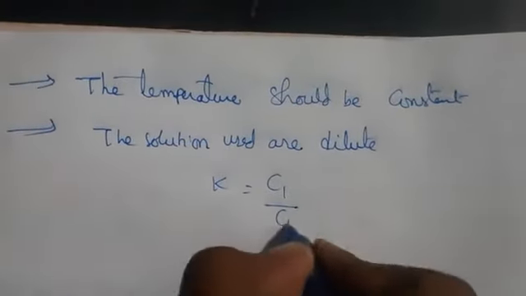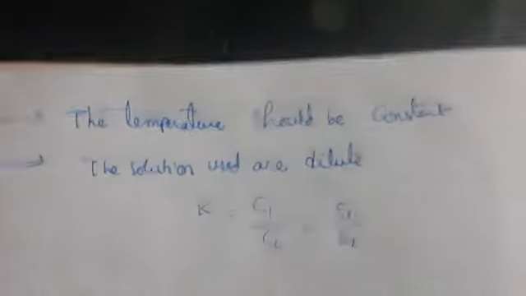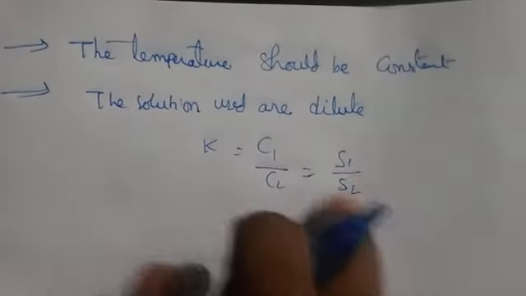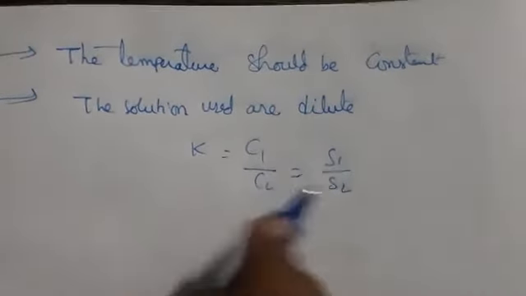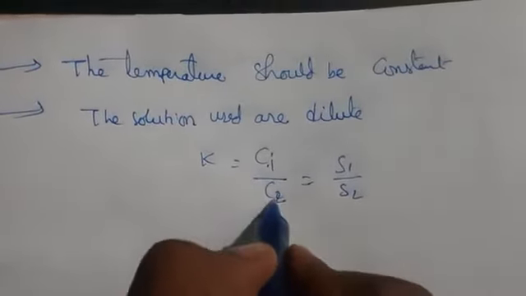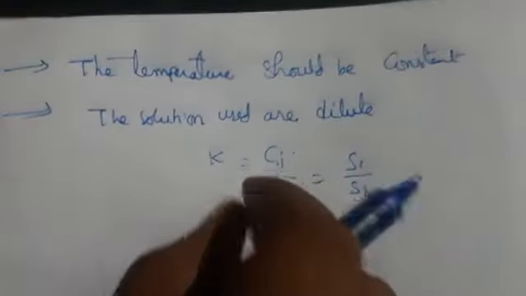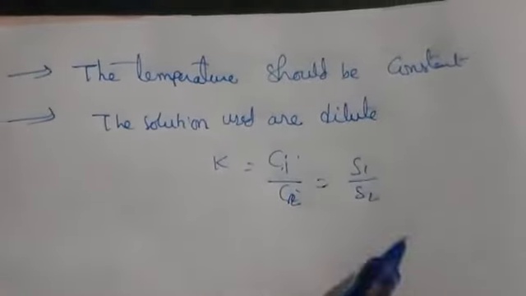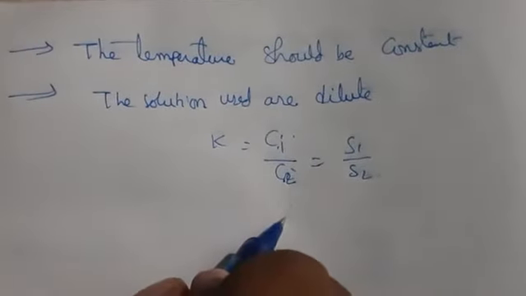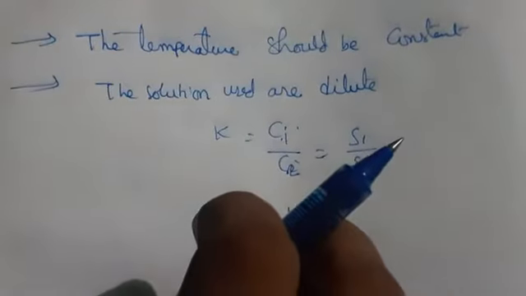K is equal to C1 by C2 is equal to S1 by S2. Okay, so this is nothing but the solvent, meaning the solutions. What I have told you is that generally the concentration ratio of phase 1 to phase 2 is constant, but here it is not constant. Why? Because the solution molecules are distributing the concentration. If you have higher concentration, there will be more deviation.